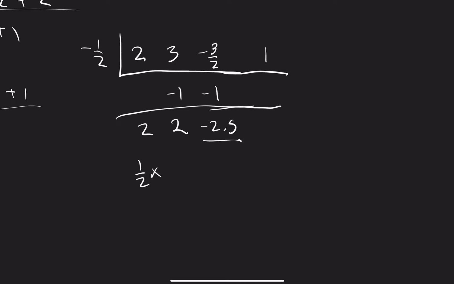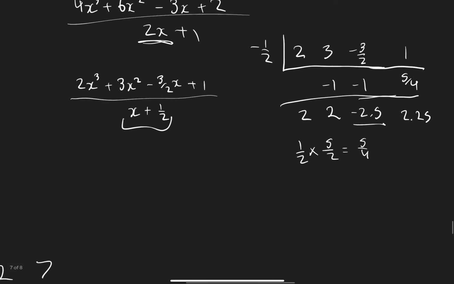Negative 5 over 2 times negative a half is 5 over 4, which is 1.25. I didn't write the negative signs because the result is going to be positive. 1 plus 5 over 4 is 1 plus 1.25, which is 2.25.